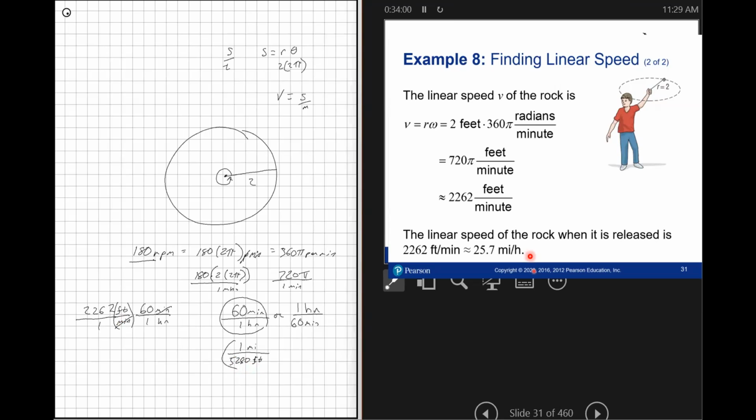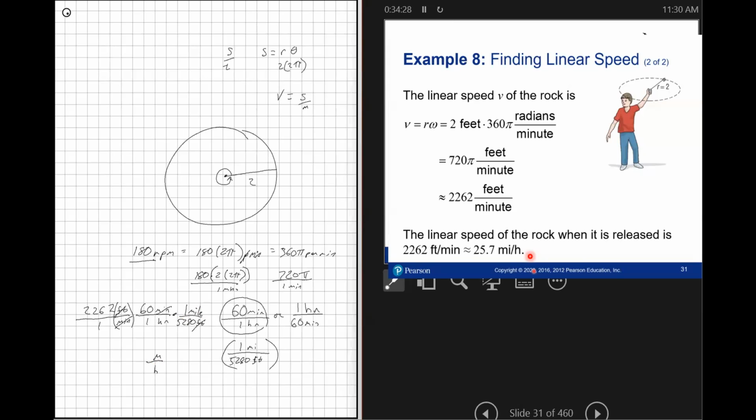So I'm going to multiply by this unit fraction. I'm doing a dimensional analysis here. And so I have 1 mile over 5,280 feet. That way the units of feet go away and miles stay. So it's going to be miles per hour.